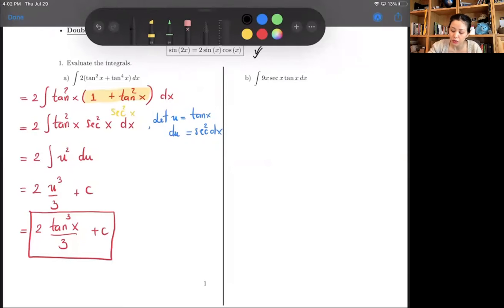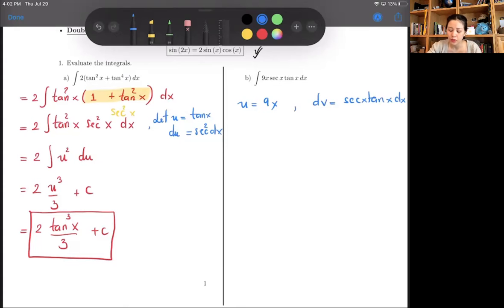I'm going to let the u part equal 9x, and the dv part, the integral part, is equal to secant x tangent x dx.